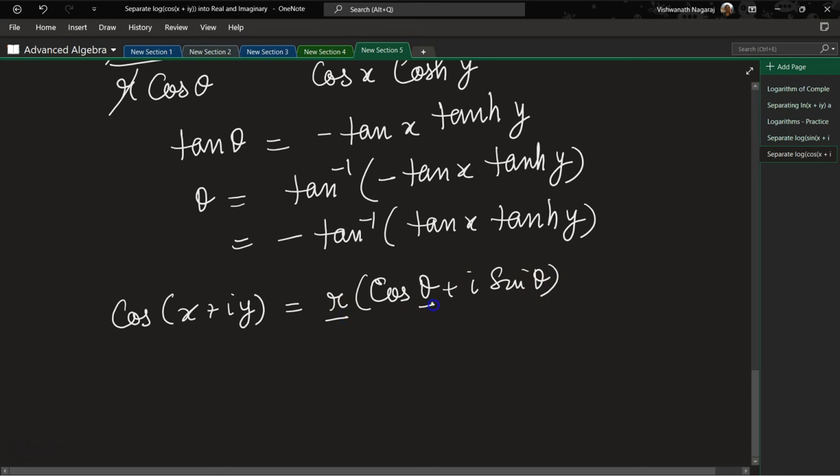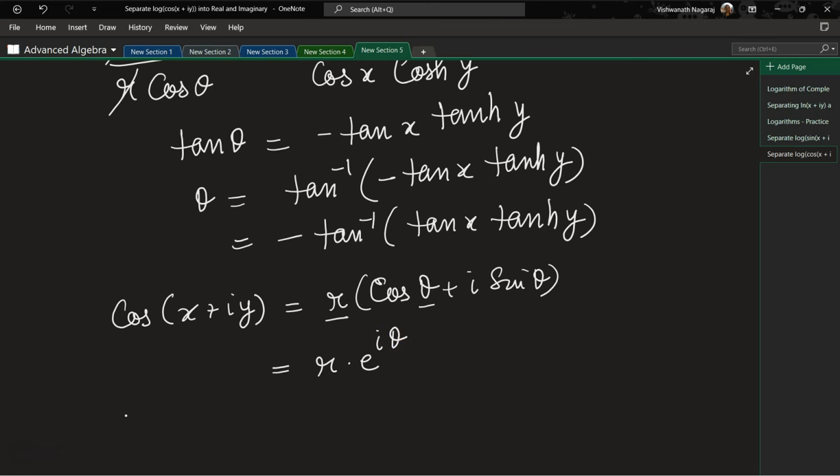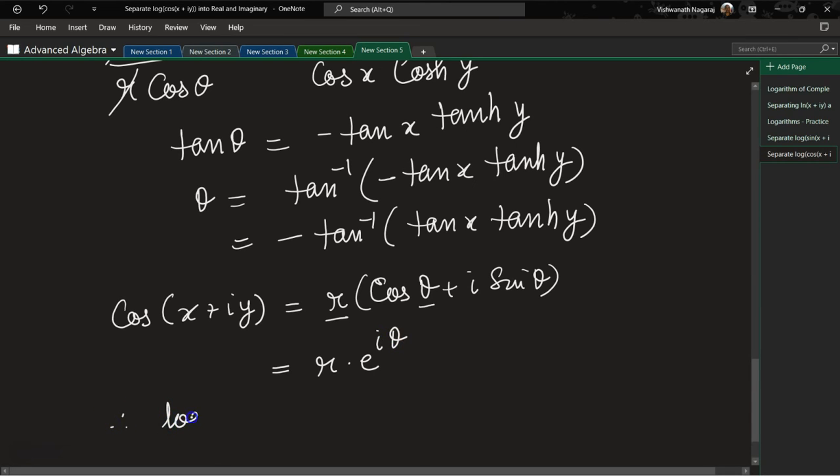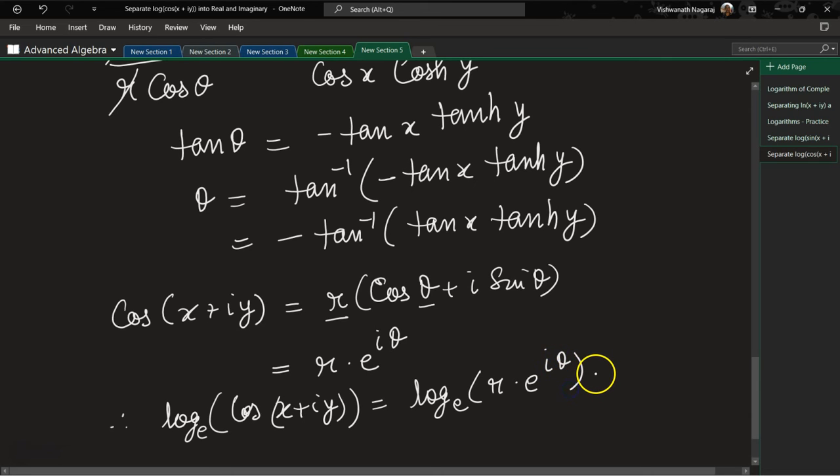We know r, we know theta, but we can simplify it further by saying cos theta plus I sin theta can be written as r times e to the power of I theta, right? Now let's take log on both the sides. So log of cos of x plus iy is equal to log, and when I say log, remember, to the base e, of r times e to the power of I theta, right?